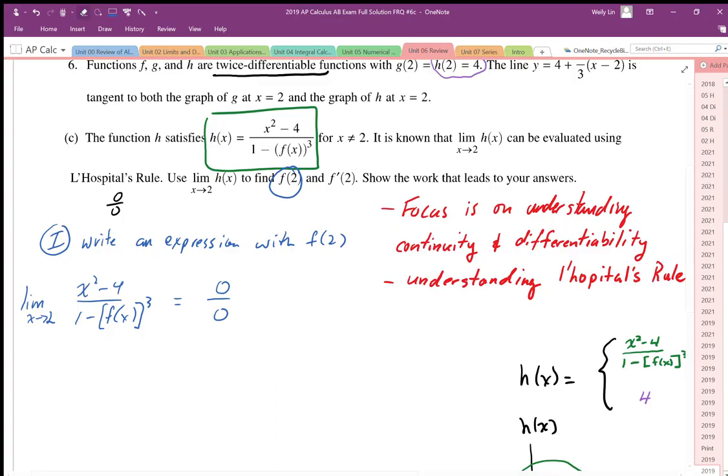But what's also true is that for the denominator, we should be able to express this as well. So to express that, we should be able to say that 1 minus f of 2 cubed must be equal to 0. Okay, and we get that from this.